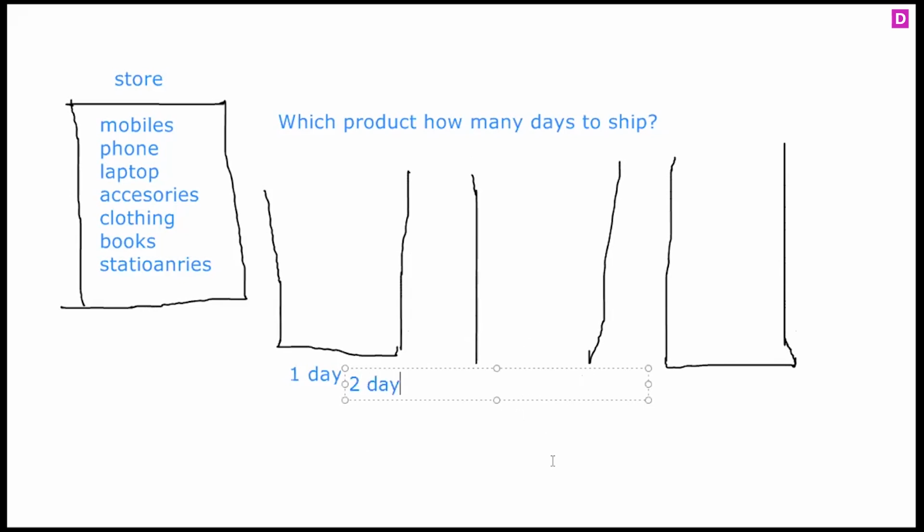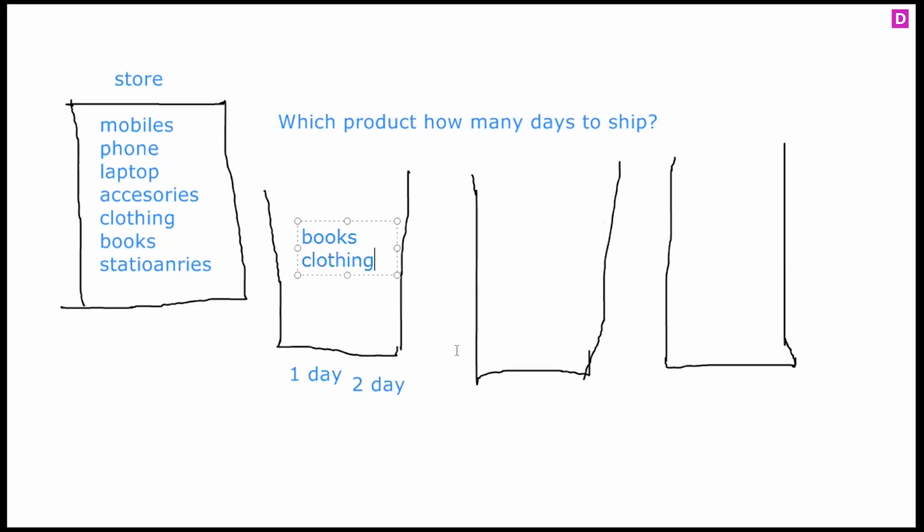Like this, you can just imagine it: this is my 1 day container, this is my 2 day container, and this is my 3 day container. Now I want to keep in 1 day, I will ship my books, and then I will ship my clothing. Like this only you wanted to have your visualization. This is the idea.